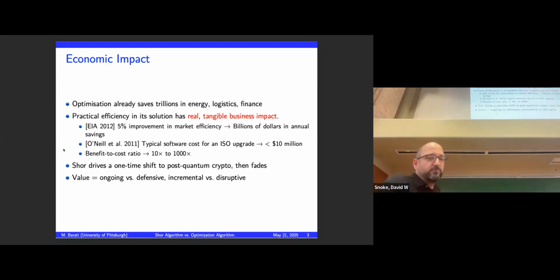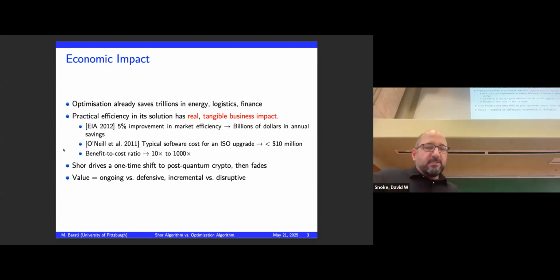A 5% improvement in market efficiency leads to billions of dollars in annual savings. If we improve the performance of the optimization tools in the electricity market algorithm, the benefit-to-cost ratio tends toward 1,000 times, which is very interesting for energy systems. That's why increasing the quality of the optimization result is so important for energy systems.